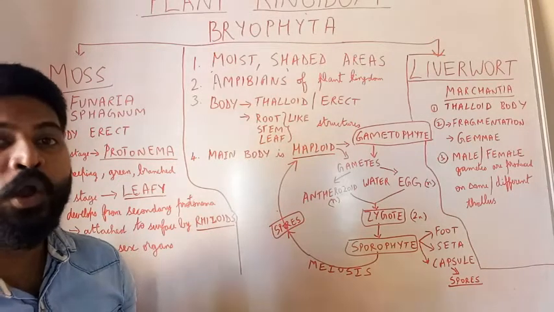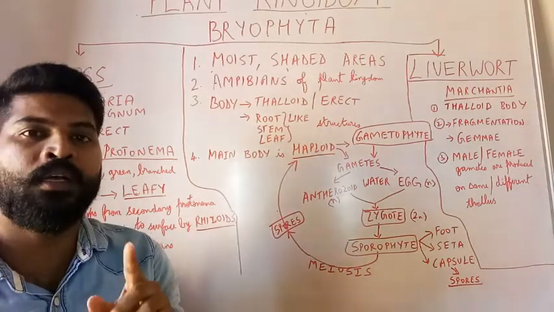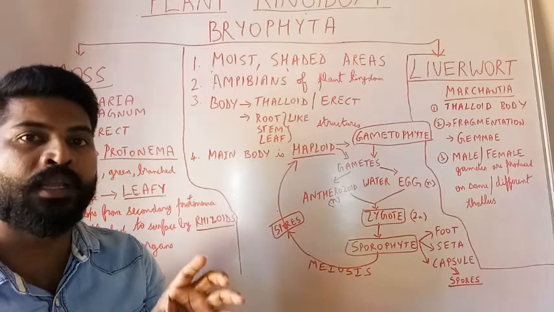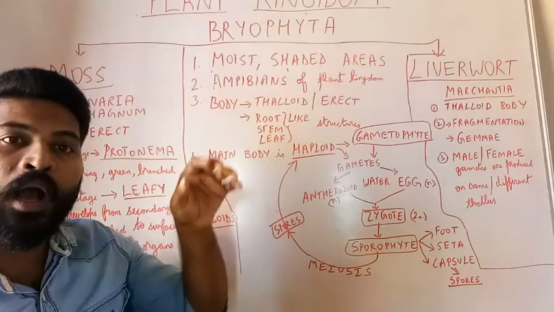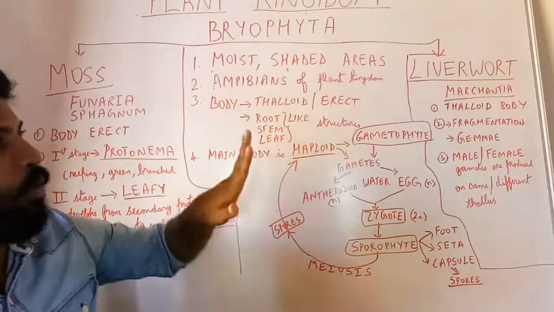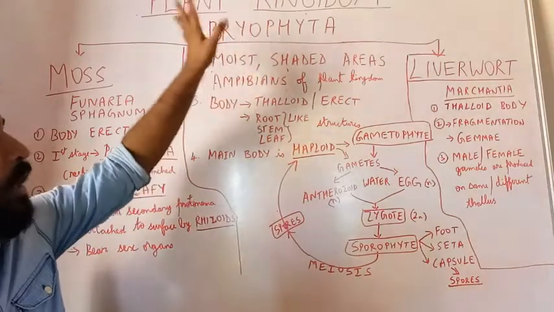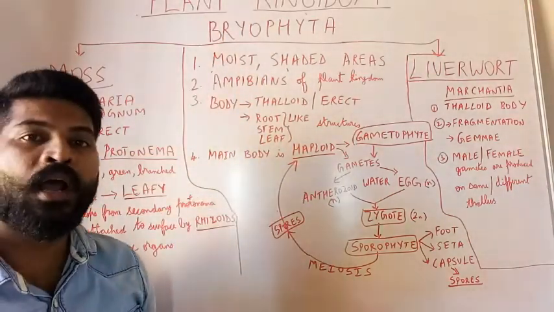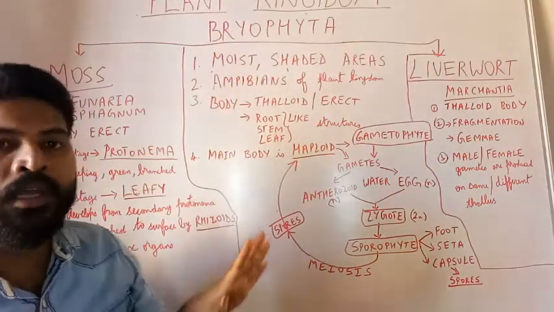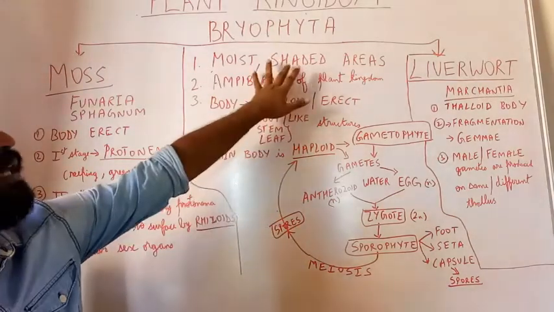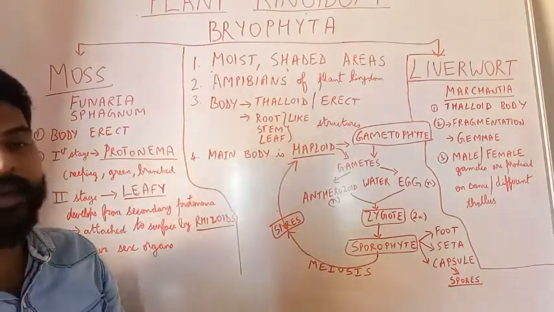These are not to be confused with algae, because algae usually grow under water. The ones that you see on trees and on the walls are most probably Bryophyta, because they love moist and shaded areas.